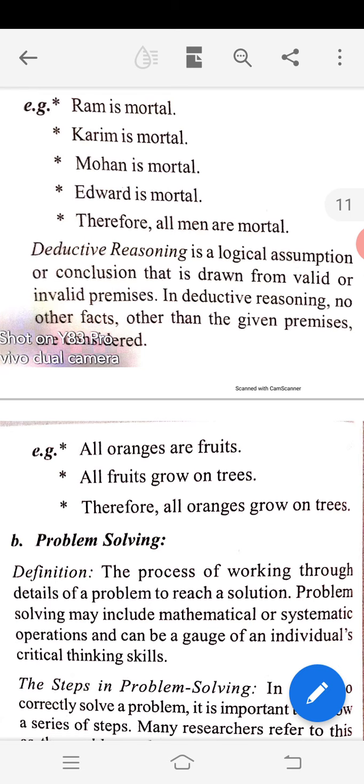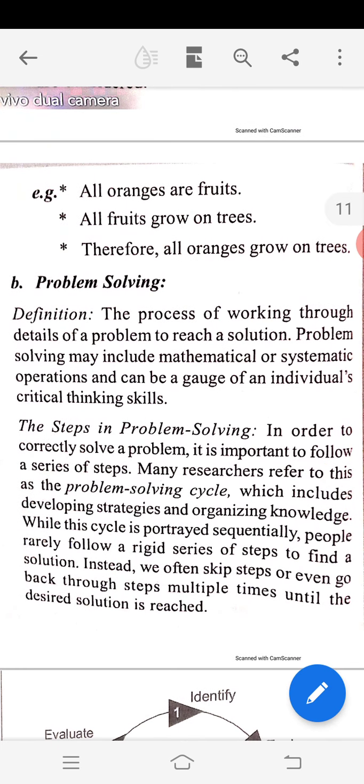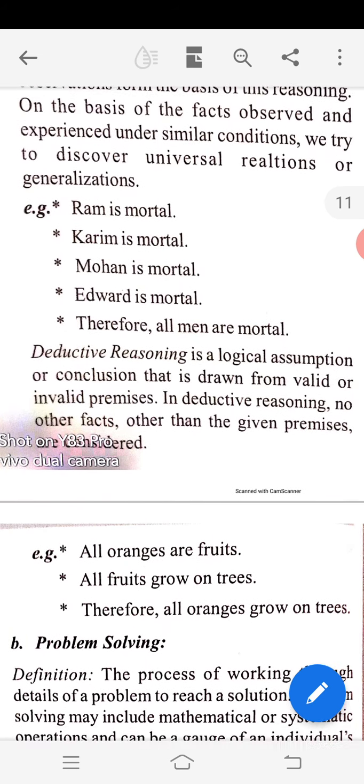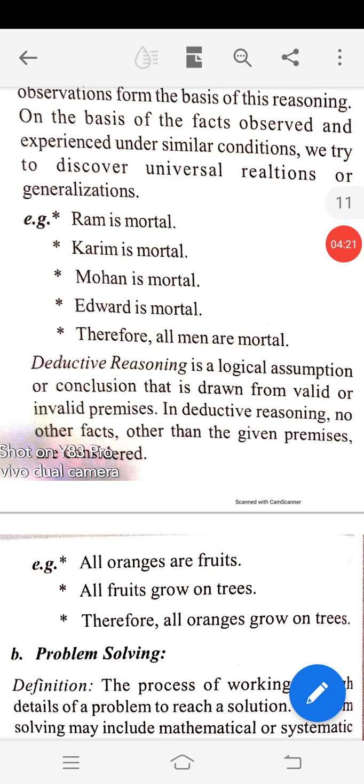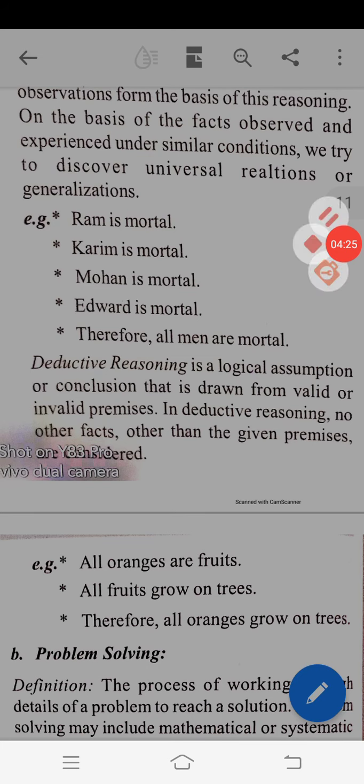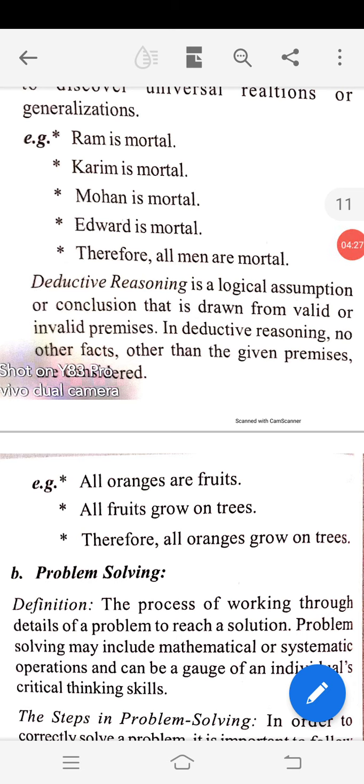Then in the second premise we find that all fruits grow on trees. So we come to the conclusion, and we go to the specific stage, that all oranges grow on trees.